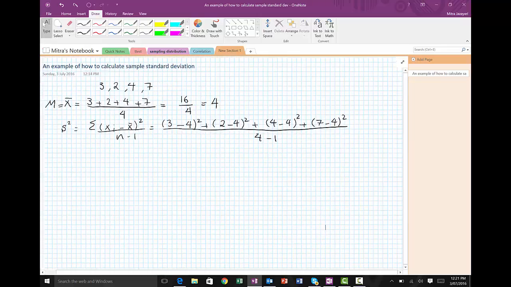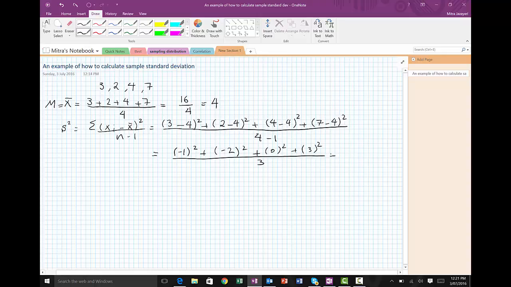The next step would be to calculate this. So I have 3 minus 4 is negative 1 squared, plus negative 2 squared, plus 0 squared, plus 3 squared, divided by 3. This is the variance s squared.